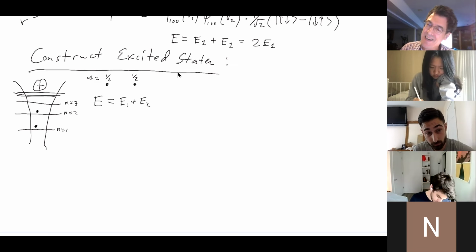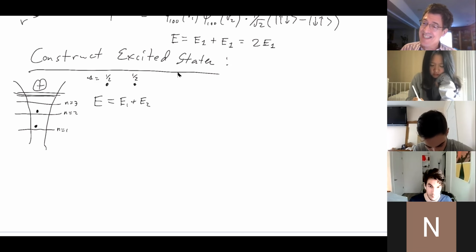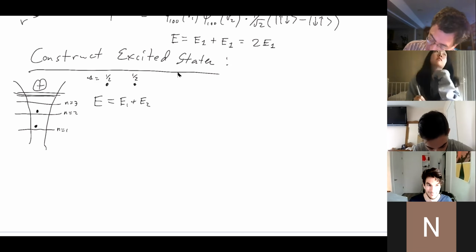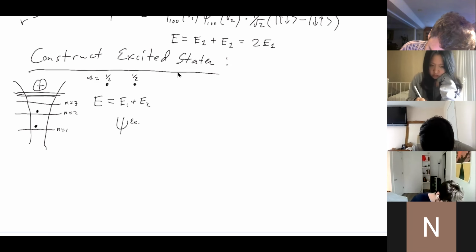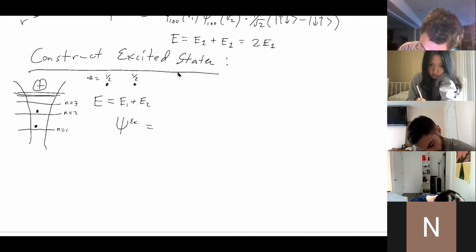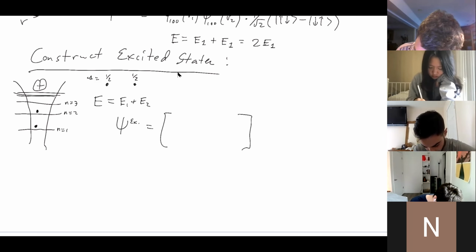But now let's write it down. What's the wave function for this excited state? Now it's a little bit trickier. Let's write down the wave function. So psi of the excited state is equal to the spatial part times the spin part.